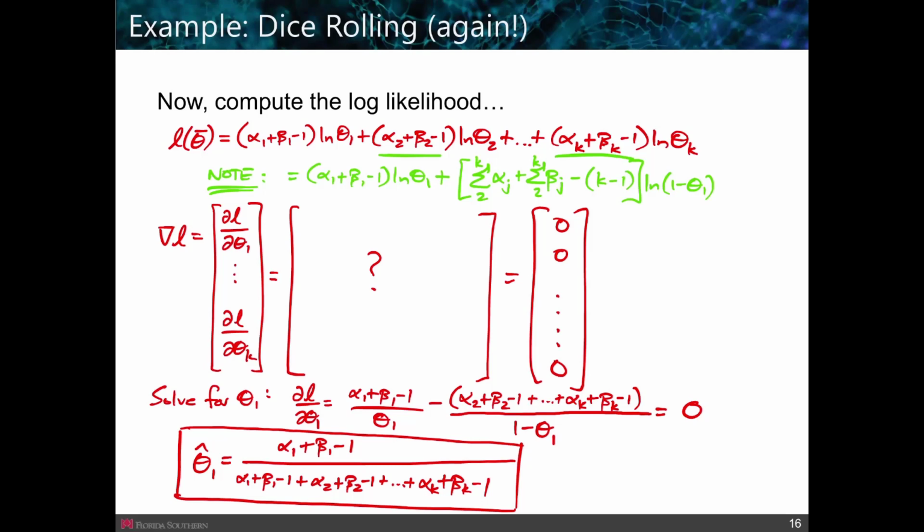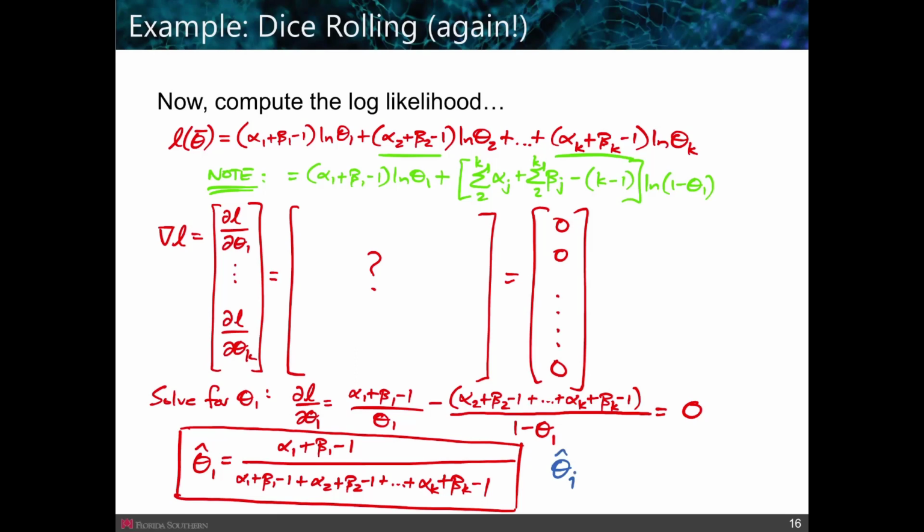And again, the -1 terms in here are because of how the beta distribution, and in this case the Dirichlet distribution, are derived. They involve integrals, and there ends up being this weird -1 in the general form.